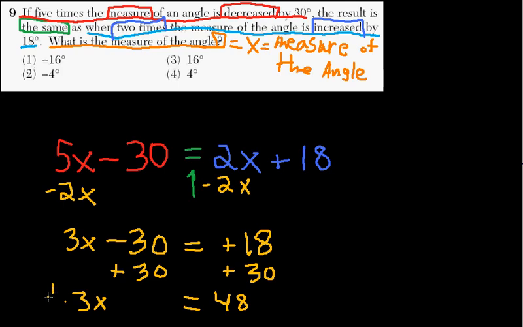I'm going to multiply by 1/3 because I don't really have enough space at the bottom of the screen. Times 1/3, right? And then you get the final answer of x equals 16 degrees.